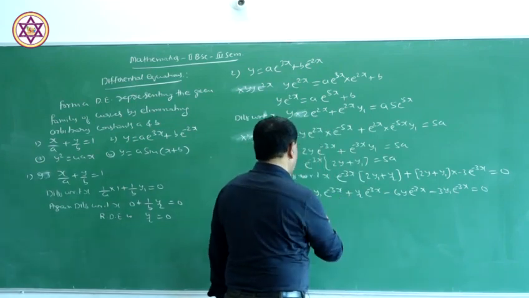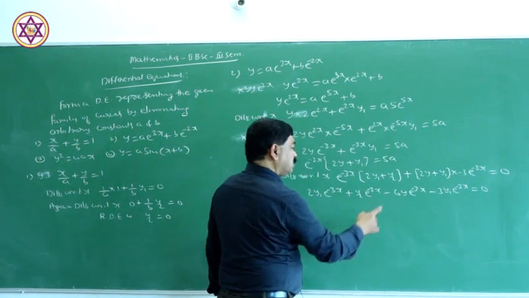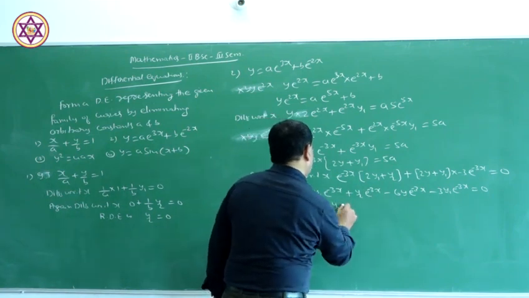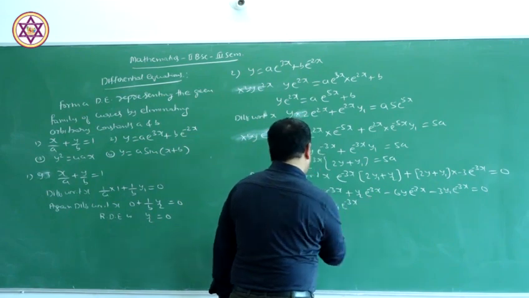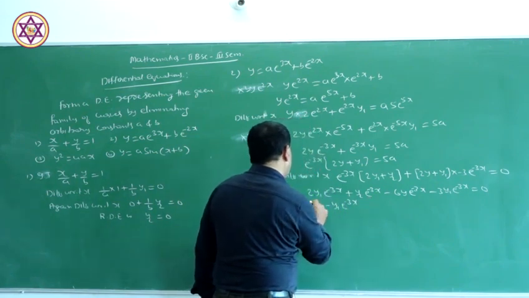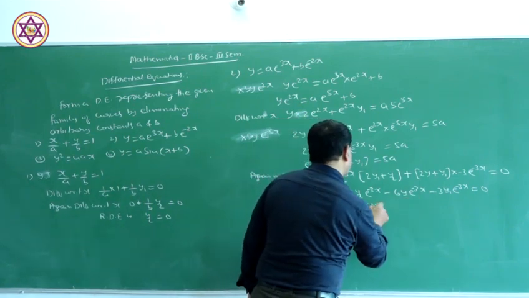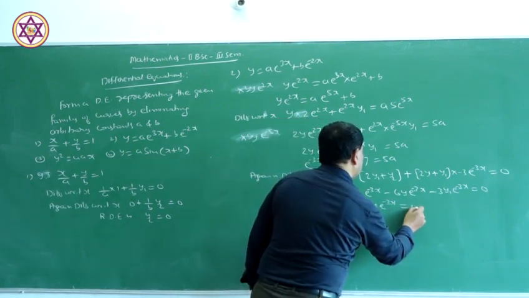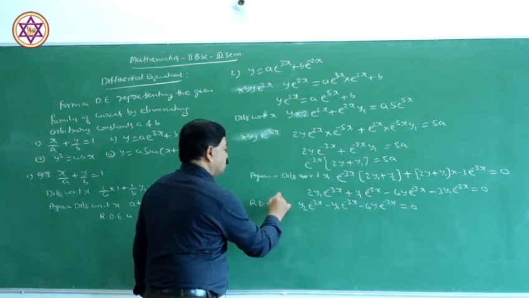So here we get 2y1 e^(-3x) minus 3y1 e^(-3x), giving minus y1 e^(-3x). Next, y2 e^(-3x) - y1 e^(-3x) - 6y e^(-3x) = 0. This one is the required differential equation.